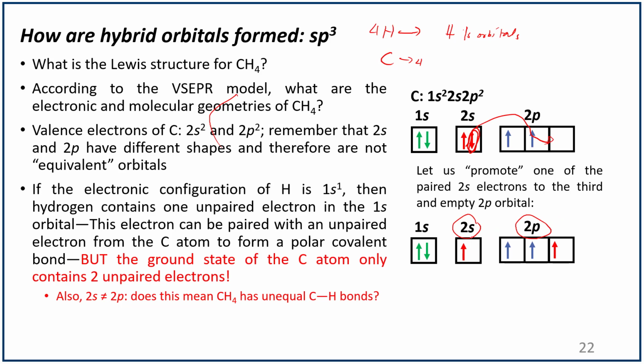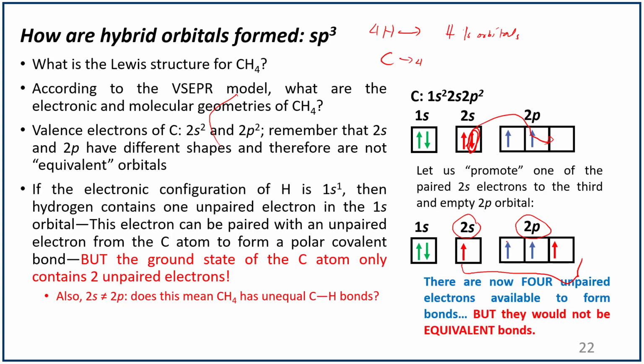So given what we have right now, if carbon were to form 4 bonds, then 3 of those bonds would be equal, and one of the bonds would not be equal to those 3. But that's not what experimentation shows. All of those bonds are actually equal. That's why we can also assume that methane is nonpolar. So what's actually missing here?